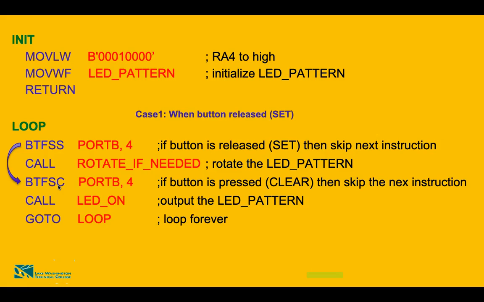If it is pressed, then that fourth bit should be 0. You know that when you press the button, the bit at RB4 is 0. So we have to assume a case to understand the program, and I'm assuming my case 1 says button is released, which means it is set.